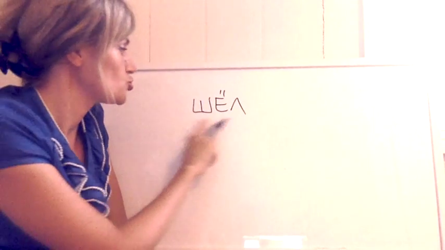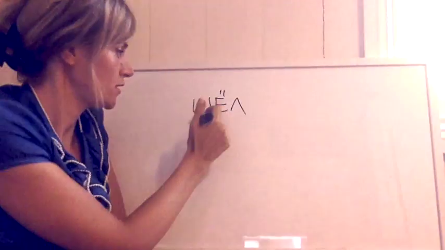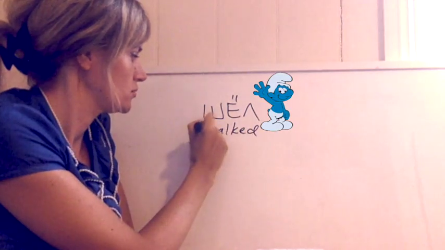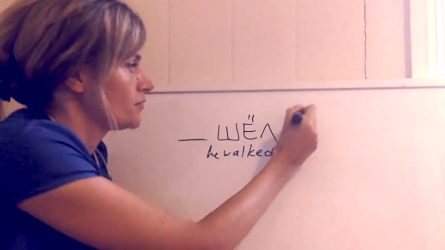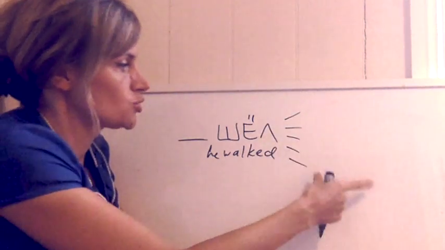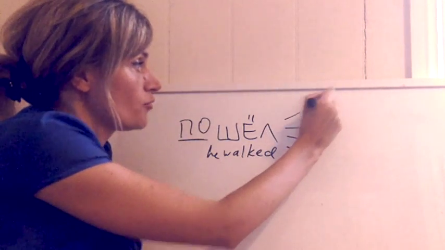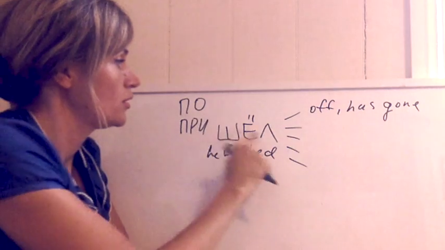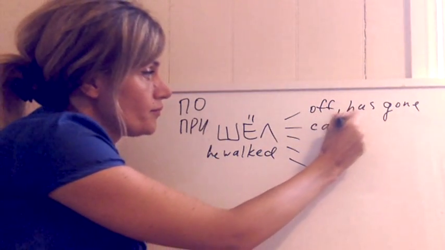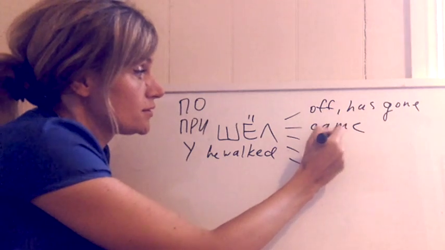So let's say шел. It's the masculine gender. It's pure walking. There is not much information here, only he walked. With the prefixes, we can make a lot of English words here, for example, пошел, he's off, he has gone. We put пришел, he came. If we put ушел, he left.